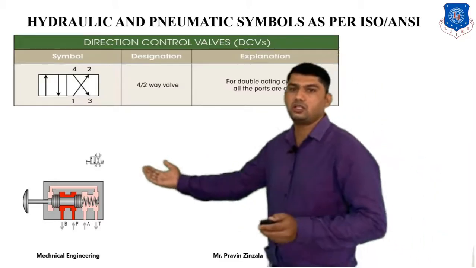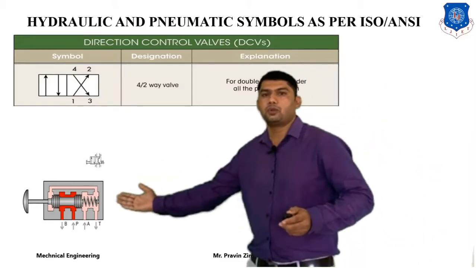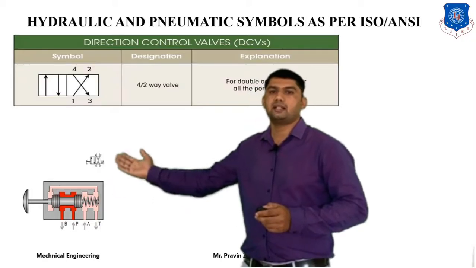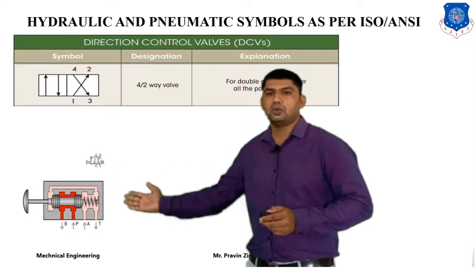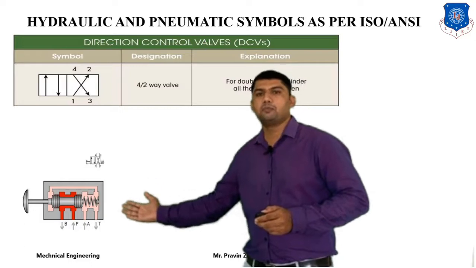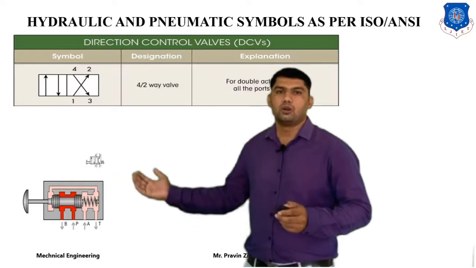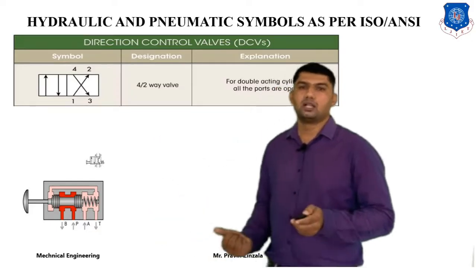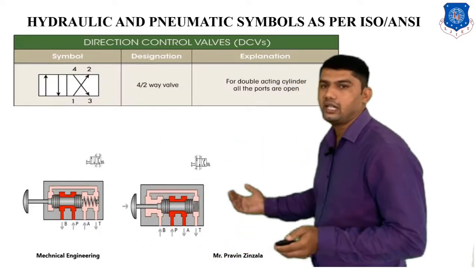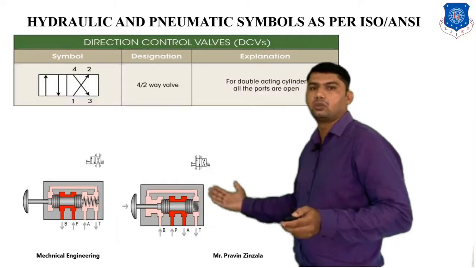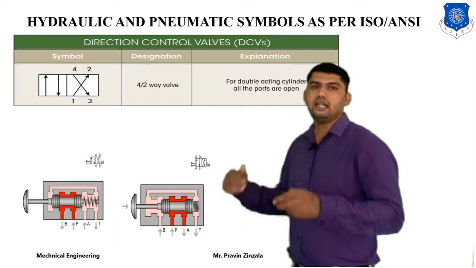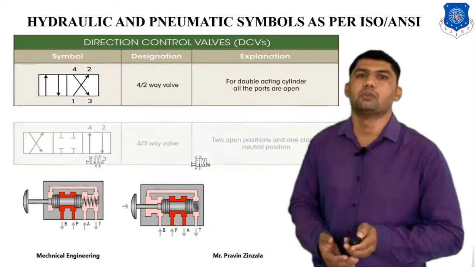In the first position, fluid passes from the pump to cylinder port B, which is the extension position. At the same time, fluid passes from A to T, meaning from the A side of the cylinder to the reservoir or tank. In the second position, P is connected to A and B is connected to T. So simultaneous operation is possible.